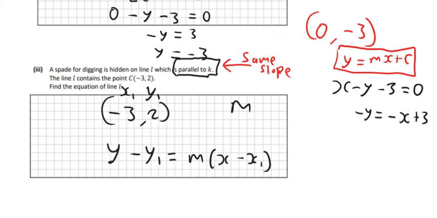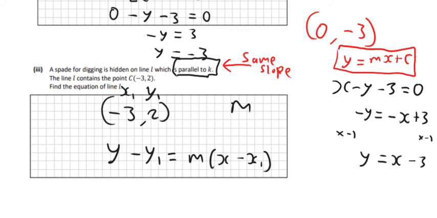Then I don't want minus y, I want just a y, like in y equals mx plus c. So I'm going to multiply by minus 1. So we get y is equal to x, because minus x times minus 1 is positive x, and minus 3.